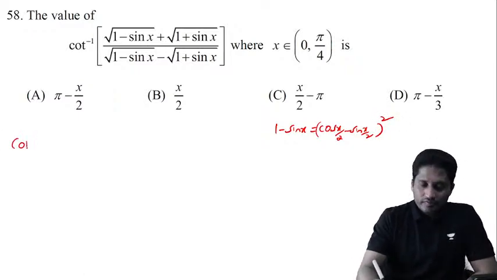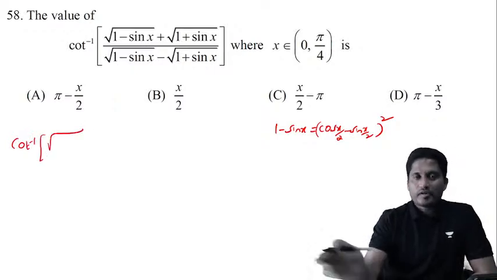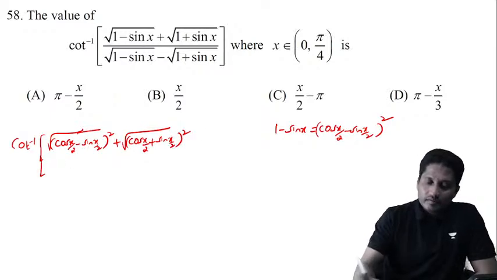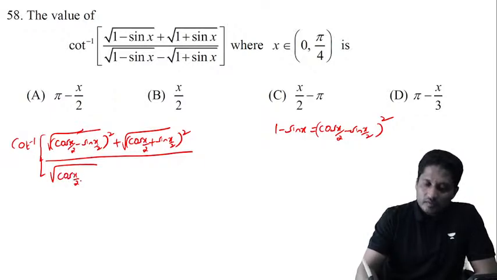So this is cot inverse of, if you want to rationalize the denominator, root of cos x by 2 minus sine x by 2 the whole square plus root of cos x by 2 plus sine x by 2 the whole square, and then root of cos x by 2 minus sine x by 2 the whole square minus root of cos x by 2 plus sine x by 2 the whole square.